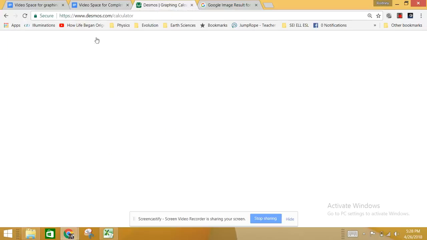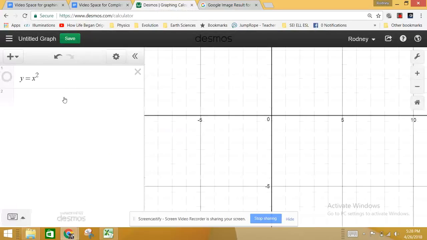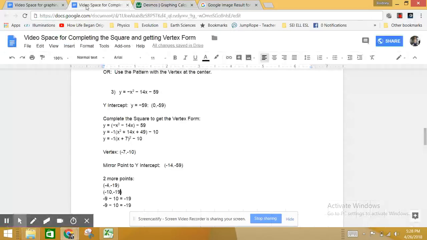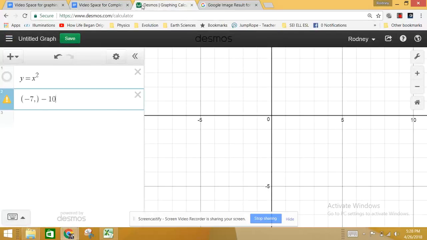So I'll start with my vertex at negative 7, comma, negative 10. And I'll add in my y-intercept at 0, comma, negative 59. And my mirror point to my y-intercept on the opposite side of that vertex, negative 14, negative 59.